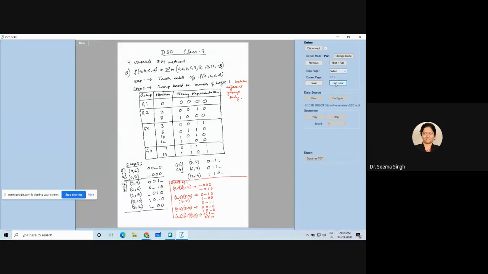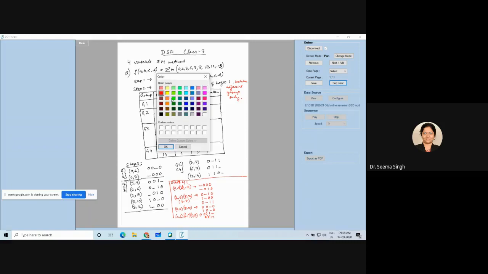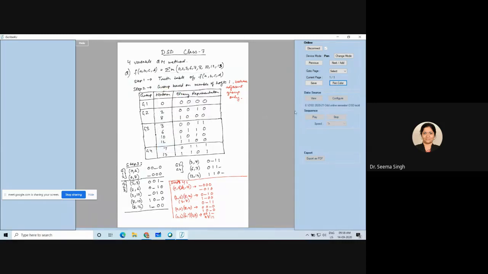Okay. Now let me do the second pairing. Second pairing means we have to see if there is any possibility with the same place of dash. So 0, 8, 2, 10 can form a bigger group, and that will give me dash 0 dash 0.